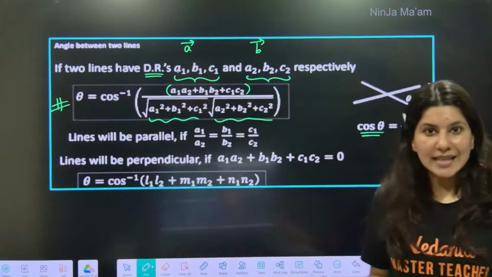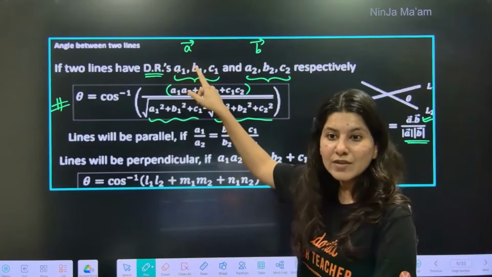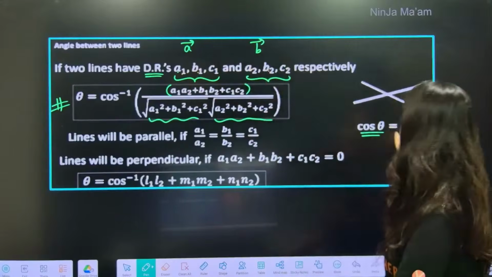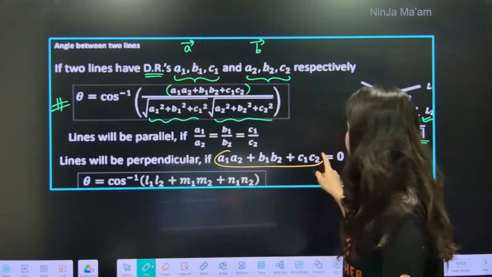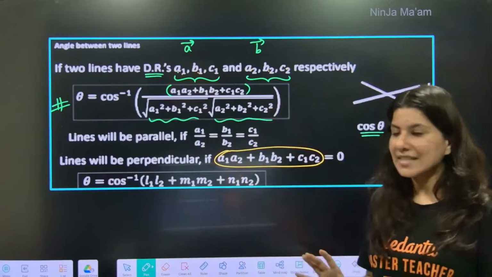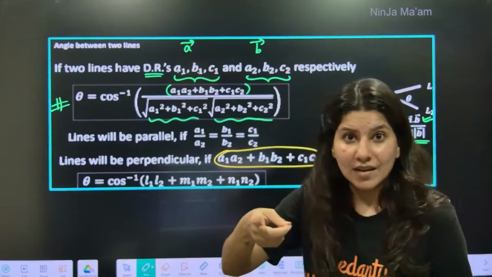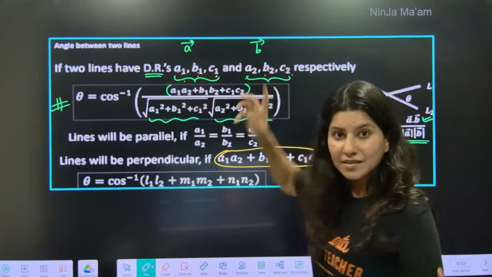Now two special cases. If both lines are perpendicular, then A1 A2 plus B1 B2 plus C1 C2 will be 0. Remember, the dot product becomes 0. So that means the lines are perpendicular. And if the lines are parallel, you will be able to see it. For example 1, 2, 3 and 2, 4, 6.